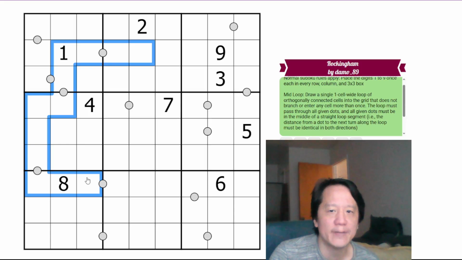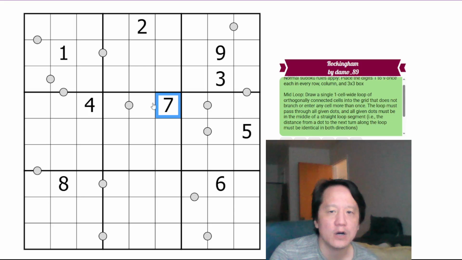The loop must pass through all given dots, and all given dots must be in the middle of a straight loop segment. The distance from a dot to the next turn on the loop must be identical in both directions.